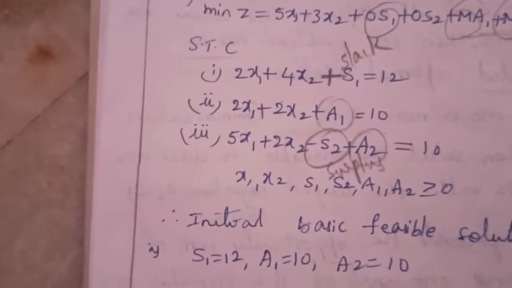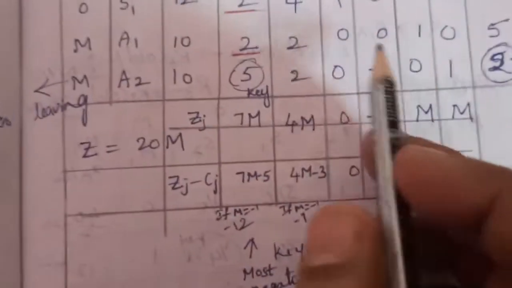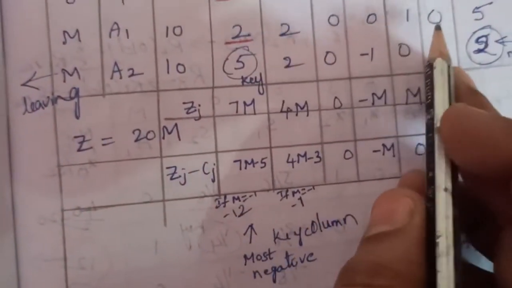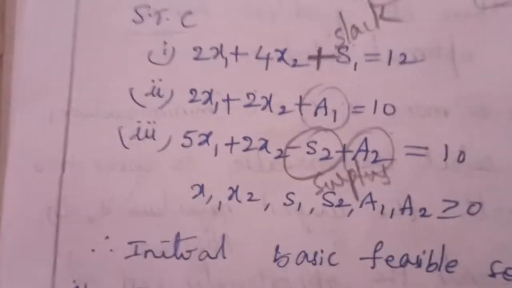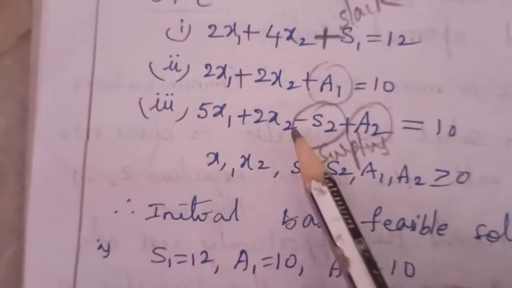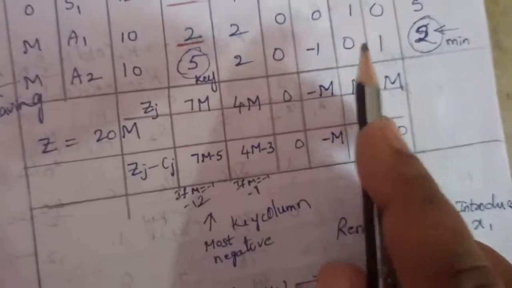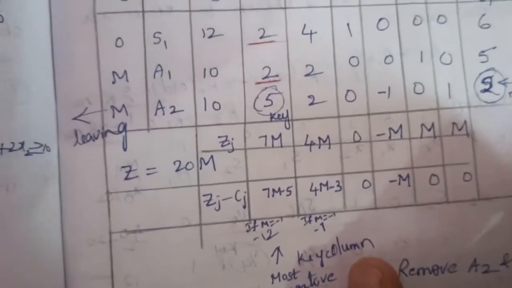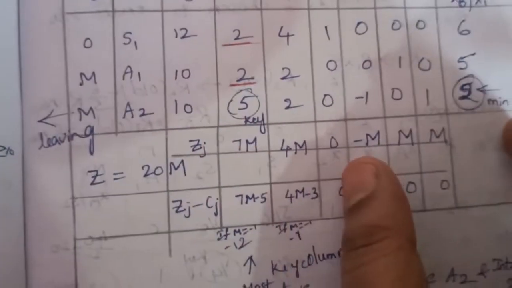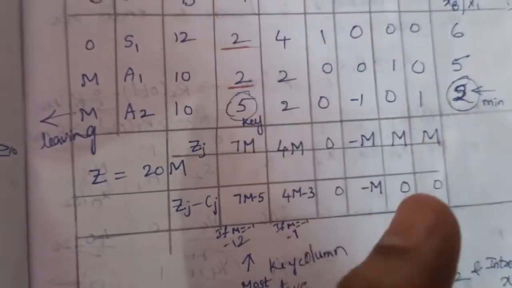From the second equation, 2, 2, 0, 0, 1, 0. And the third equation 5, 2, 0, minus 1, 0, 1. So likewise all the coefficients from the constraint equations I am writing here.